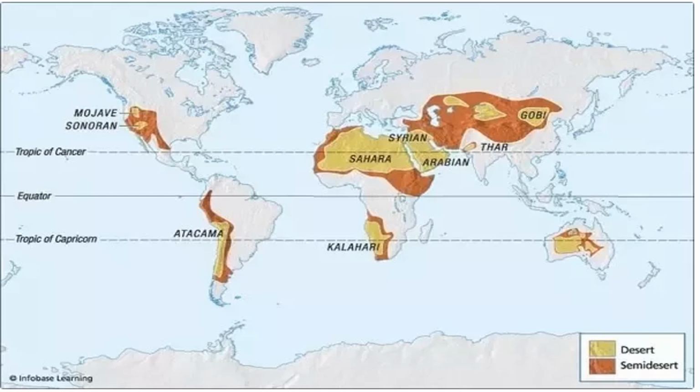Now look at the world map. These deserts are found between the Tropic of Cancer and the Tropic of Capricorn, that is within the tropics, and hence they are known as tropical deserts. Some of them extend beyond the Tropic of Cancer and Tropic of Capricorn, but then they are termed semi-deserts.